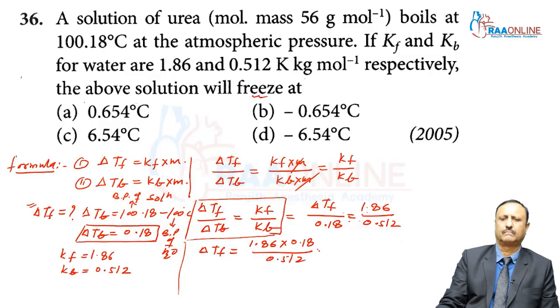You can solve this equation, removing the decimal points, and divide 186 times 18 by 512. Then my dear students, you get the value of delta Tf, that is 0.654.